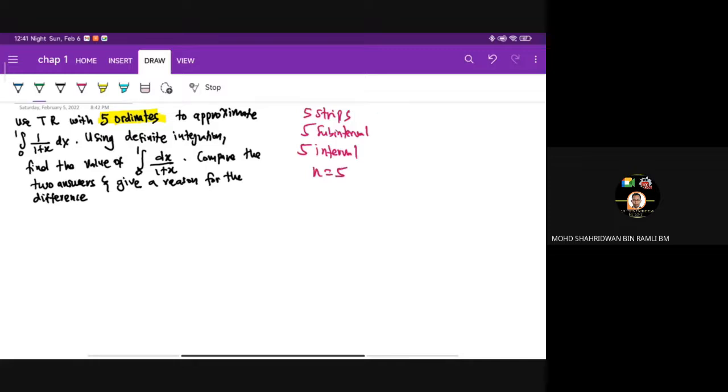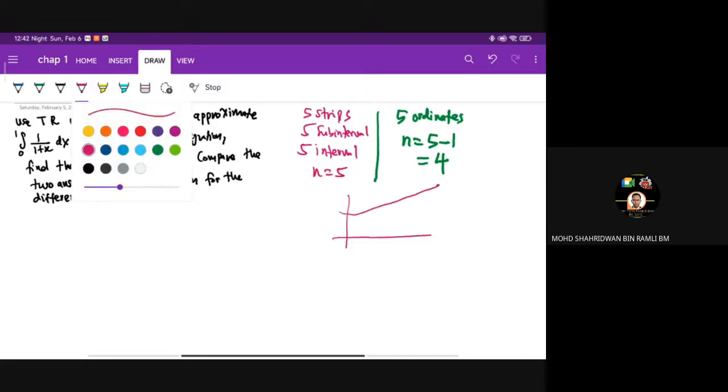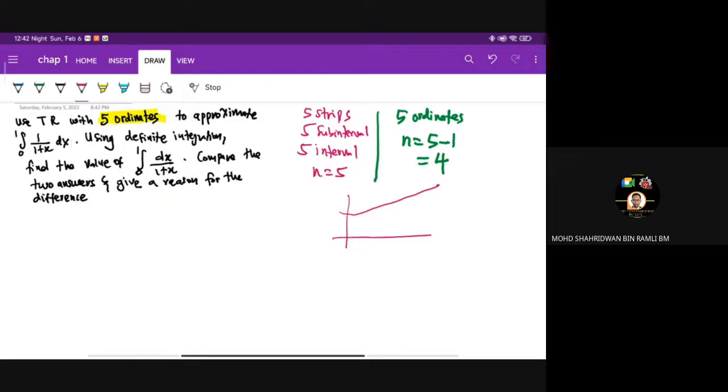But when it gives you 5 ordinates, that means your n is equal to 5 minus 1, which is equal to 4. Because when you are trying to find the area under the curve, you represent each part as a trapezium.